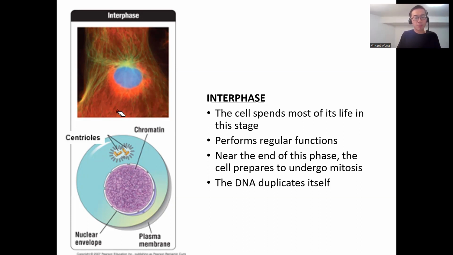Now, this is an actual picture of the cell in interphase. And again, there was a question on the first test that asked to choose which of the following statements is true. And one of them says the mitochondria is orange or something. A lot of people chose that.